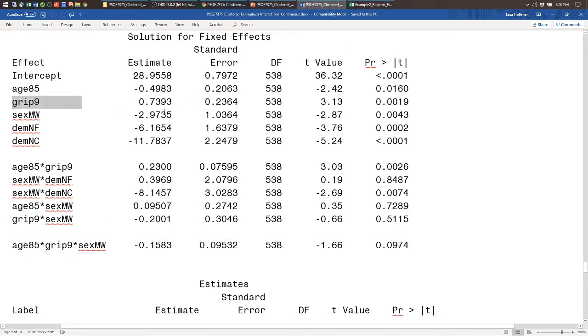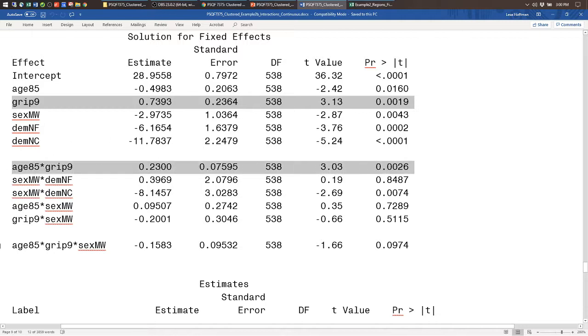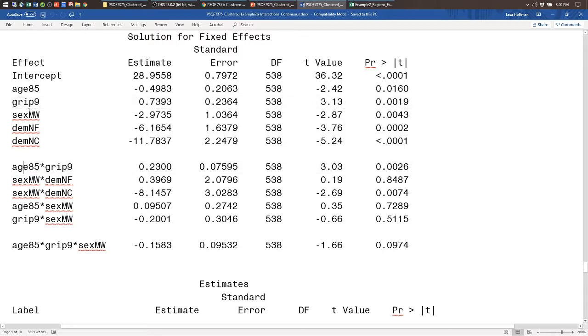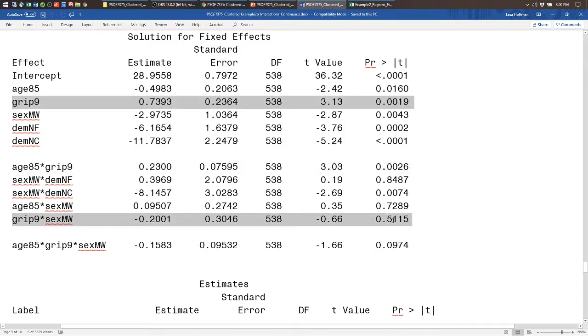Let's do this one. Nope, changed my mind. I want to do this one. Grip to gender by age. Okay.